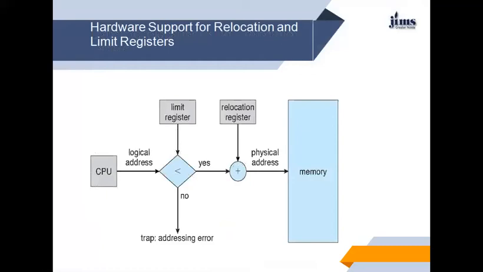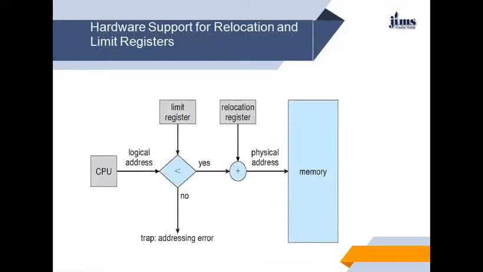If the logical address generated by the CPU is more than the limit register, then a trap is generated and no physical address can be created. Remember that the address generated by the CPU should be less than the limit register. Only then can it be added to the relocation register.